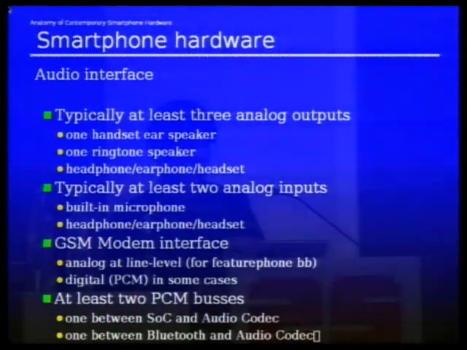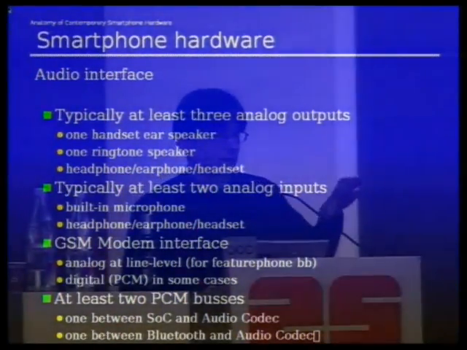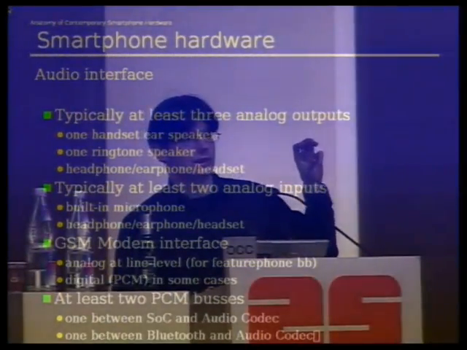This is obviously very simple, because if you take an existing mobile phone chipset that's used in a feature phone, it already has the input and output of analog audio. So you basically just wire that to a sound card kind of device, which is the audio codec that is connected to your application processor, and you have it working.